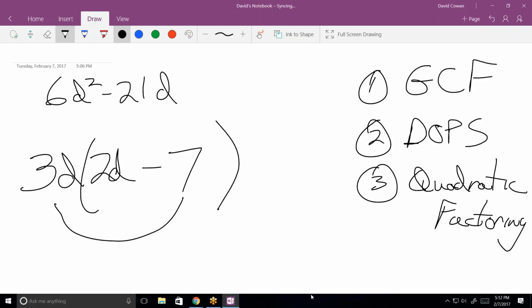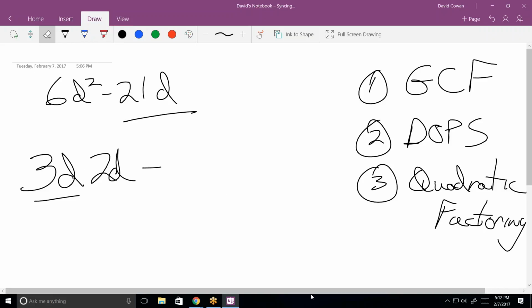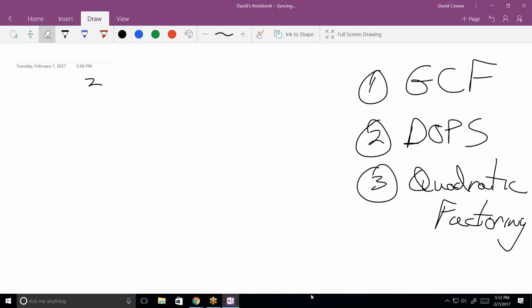Multiply that times that, you get 21d. Multiply that times that, you get 6d squared. So this method of always be checking is vital for doing math. And it applies to a lot more than just factoring, but factoring in particular. That's how you don't make mistakes, is by checking as you go.